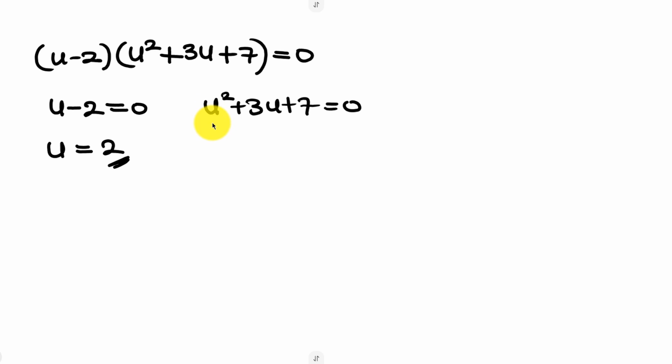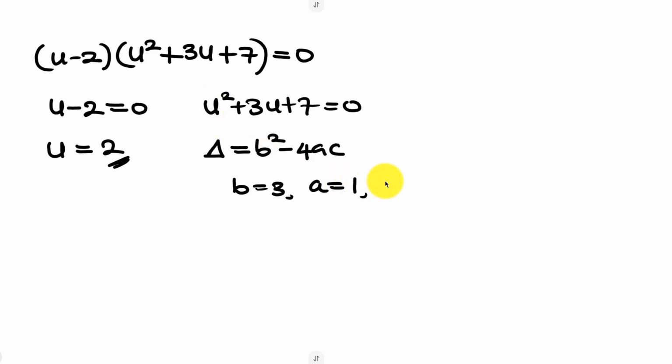Now, the second case is in the form of a quadratic equation. That means, in order for us to check if we have a real solution, we have to look for the discriminant, which has a formula of b squared minus 4ac. From here, b from this quadratic equation is 3. Then a from this quadratic equation is 1. And then c from this quadratic equation is 7. So let's find the discriminant by substituting.